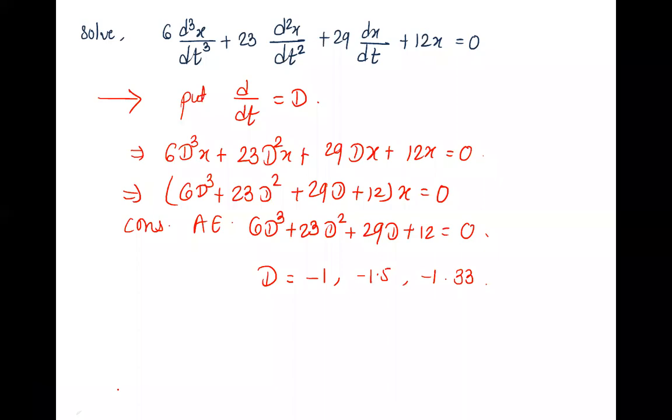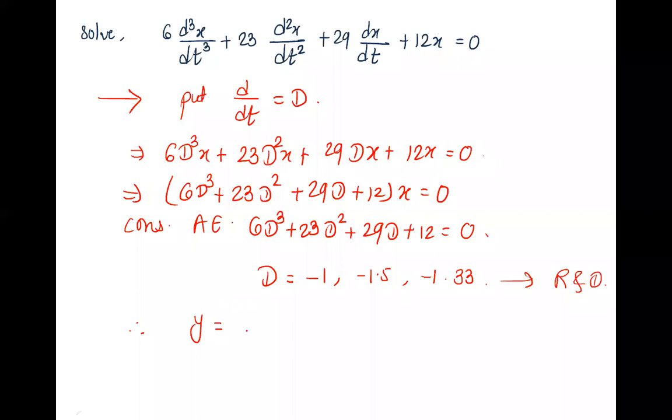Yes, ma'am. Please check. If you are not getting, please ask me. I'm here to tell you. Everyone is getting. Good. So therefore the nature of the roots: real and different. Yes. All the roots are real numbers and all are different.